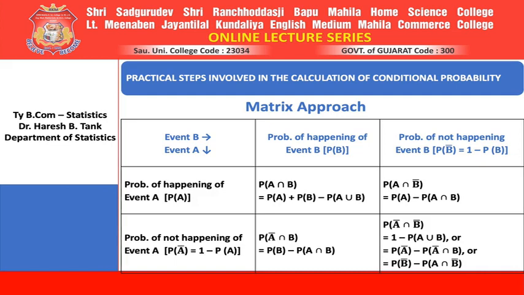Directly it can be used as complementary, 1 minus probability of A union B, or the similar area can be found as probability of A complement minus probability of A complement intersection of B, or it can be found as probability of B complement minus probability of A intersection of B complement. I personally request you that you don't have to mug it up, just feel free. Once you draw a diagram, everything will be clear in front of you, right?